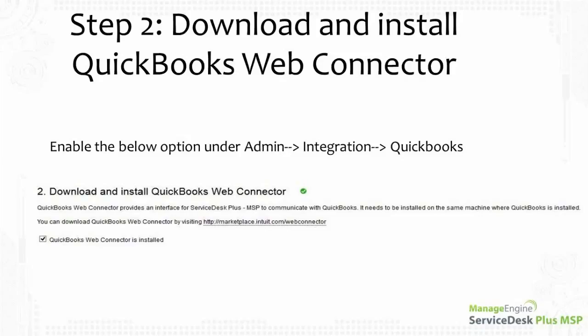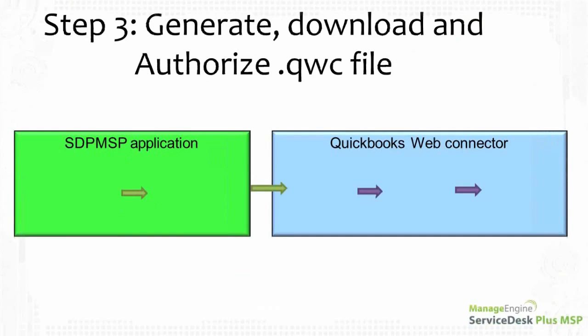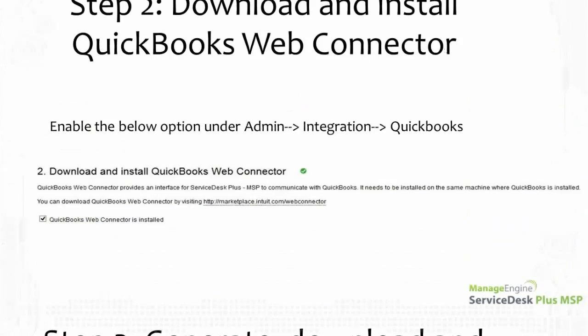So this step requires first you have to download and install the Web Connector, and the link which is showing up here, http://marketplace.intuit.com/webconnector, will allow you to download that particular QuickBooks Web Connector installation file, and you can install it on the same machine where QuickBooks is installed. And once you do that, you will have to check that particular option, and then comes the third step.